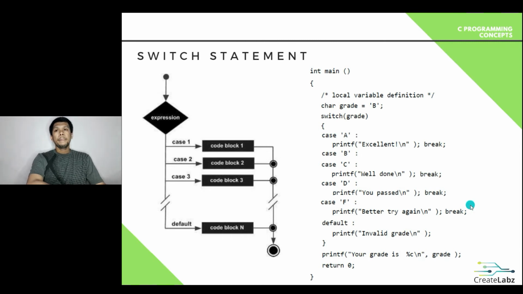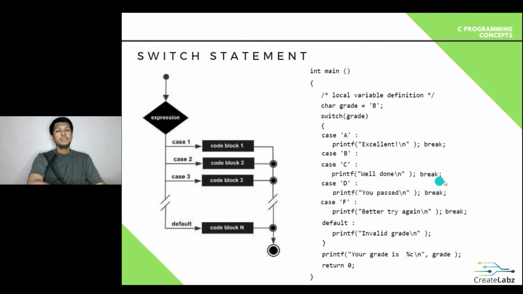Let's see. So the value of grade is B. In this code, we're expecting that switch grade, it will go to case B. So it will go here. And then it doesn't have anything from it. Doesn't have break statement. So it will assume that this next line is still part of case B. So it will go to case C, printf well done, break.